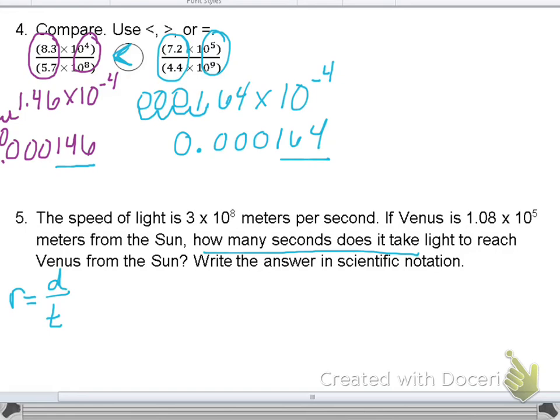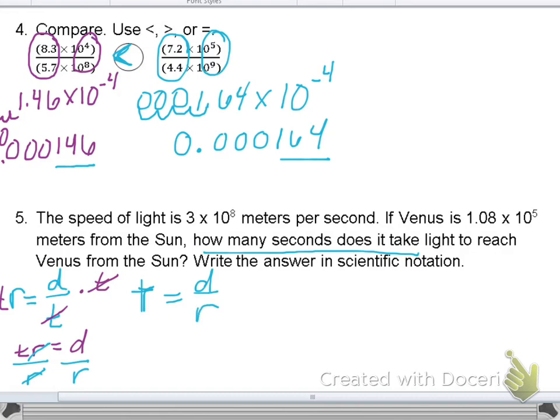So we're looking for the time, so we need to rearrange our equation so that time equals something with rate and distance. If we multiply by t on both sides, we'd have TR equals D, because those would cancel. And then we would need to divide by R to get T by itself. So T is equal to the distance divided by the rate.